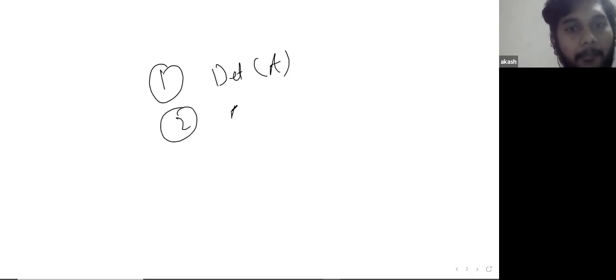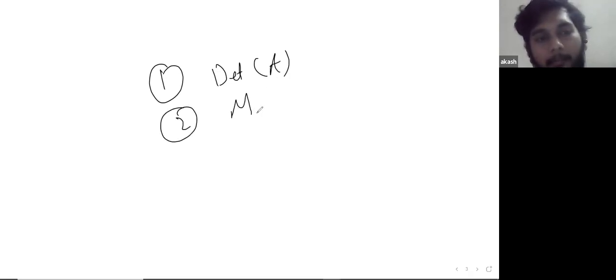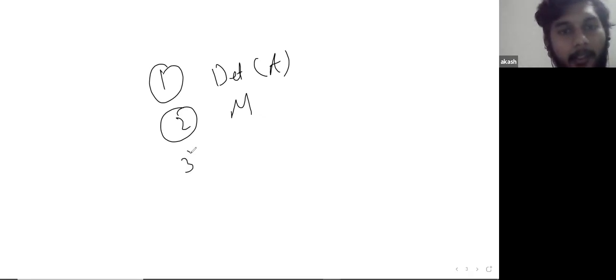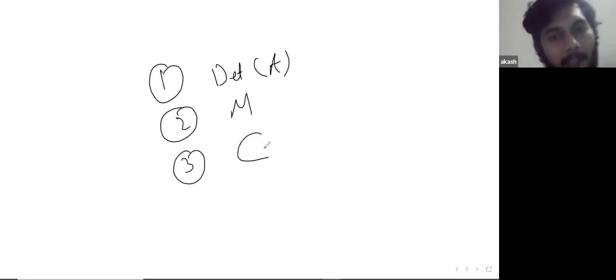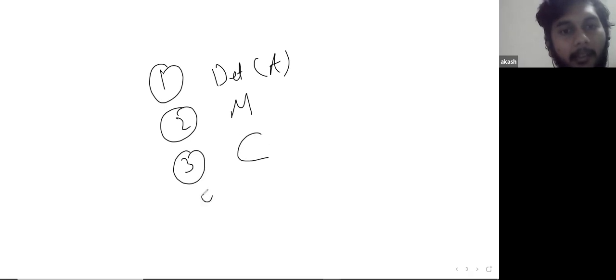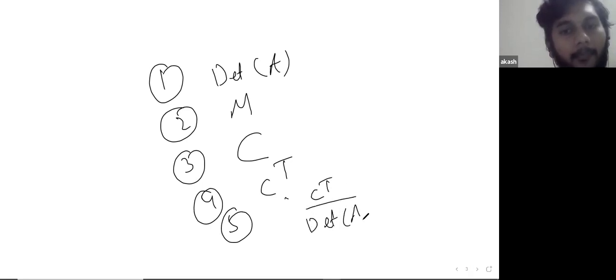So to determine the inverse of a matrix, there are 5 steps. First step is to calculate determinant A, then calculate M, the minor matrix. Third is calculate C, the cofactor matrix. Fourth is C transpose. Fifth is C transpose upon determinant A, right?